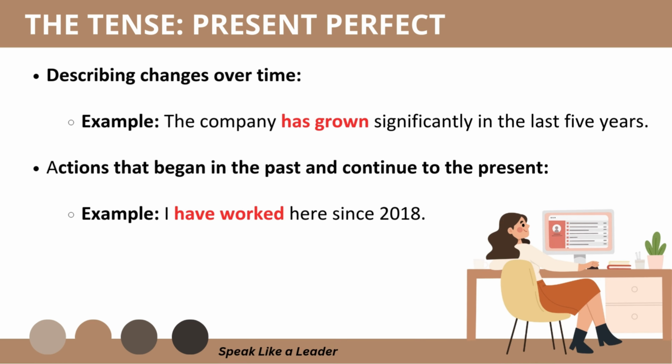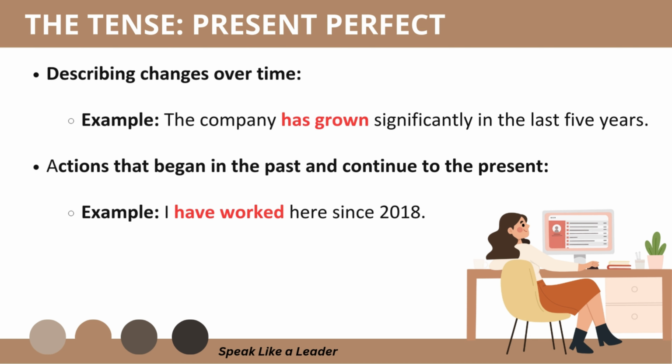You also use the present perfect when you want to describe changes over time, like the company has grown significantly in the last 5 years, or actions that began in the past and continue to the present. I have worked here since 2018, so I started in 2018, but I'm still working here.